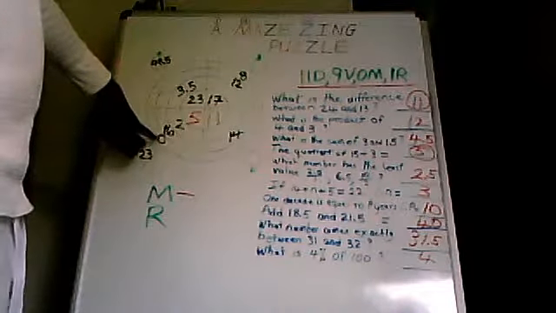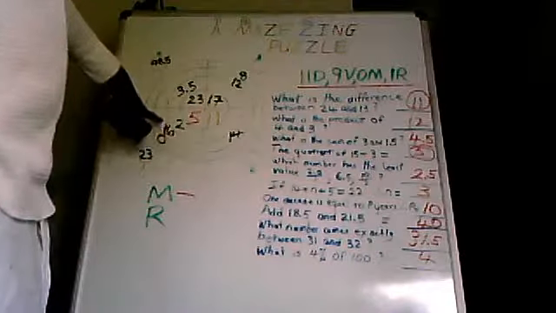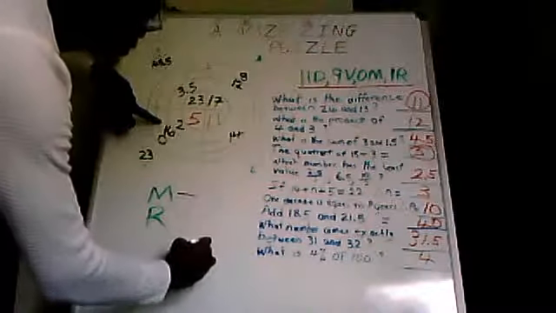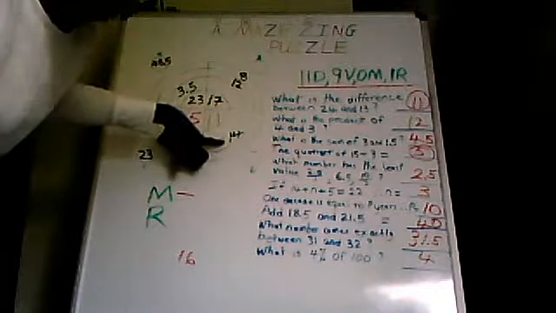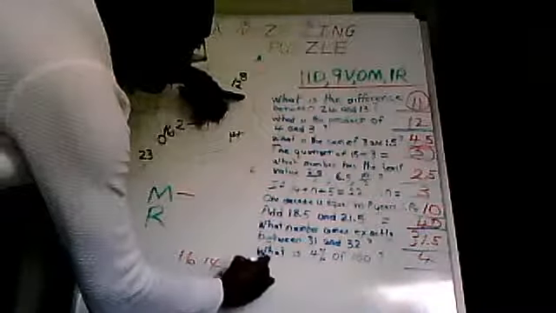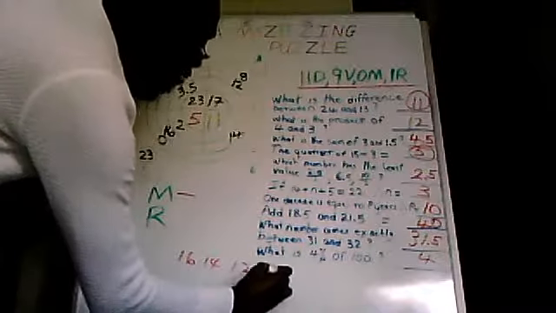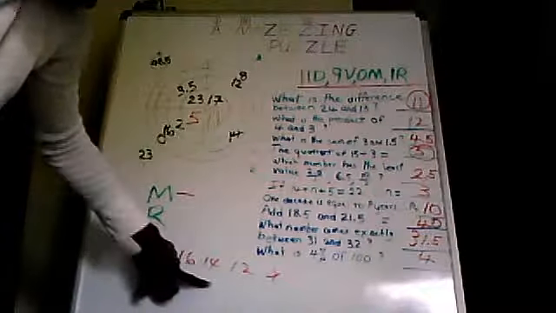Now, we see this ring starts with 16. Second term is 14. Third term is 12. Fourth term is missing. So what do we see there?